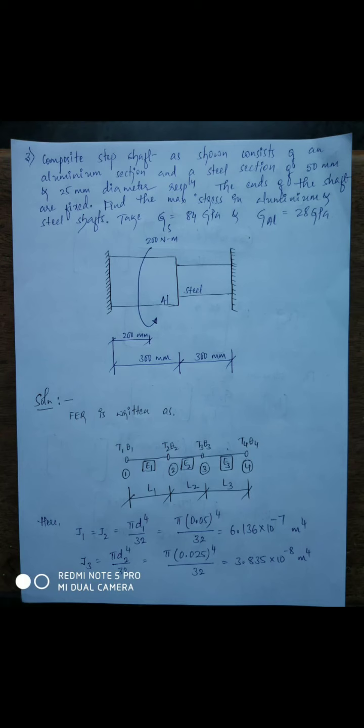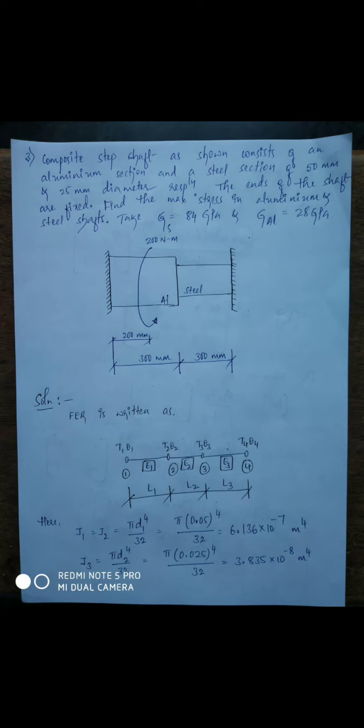This means J1 is equal to J2 is equal to pi d1 to the power 4 by 32. Here d1 is common for both the first element and second element of the first step made up of aluminium.